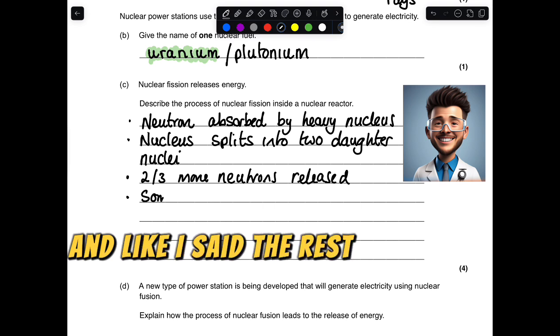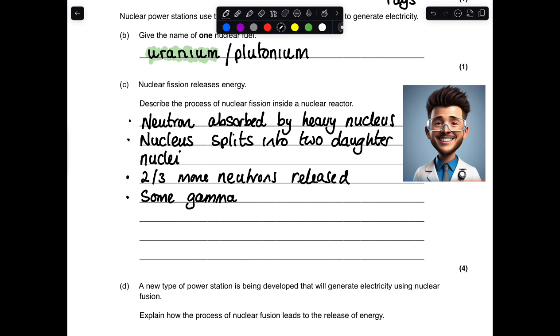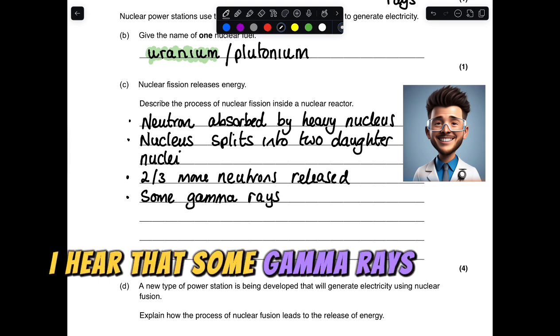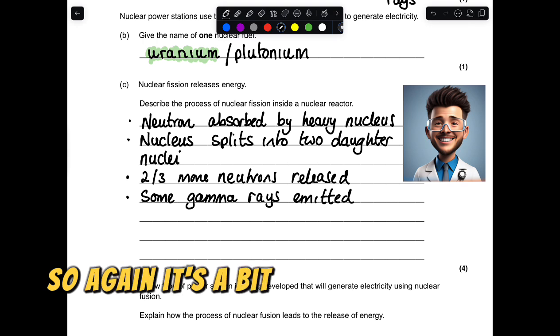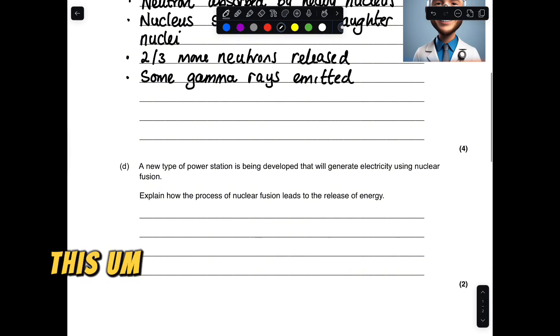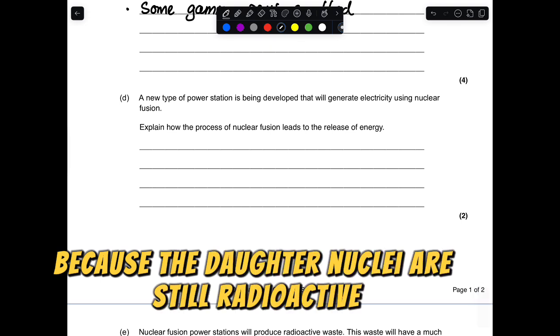And like I said, the rest of the question goes on to explain here that some gamma rays can be released as well. So again, it's a bit of a spec thing. Some gamma rays can be emitted because the daughter nuclei are still radioactive.